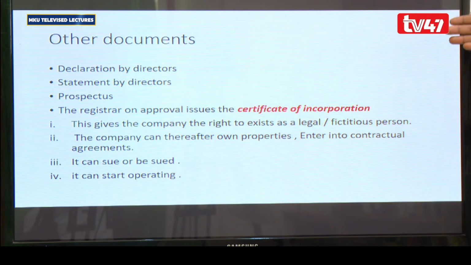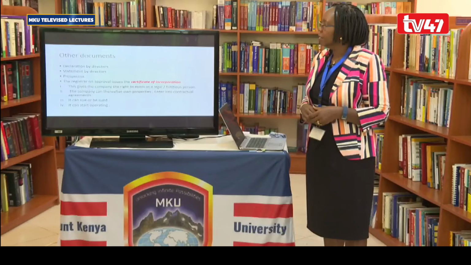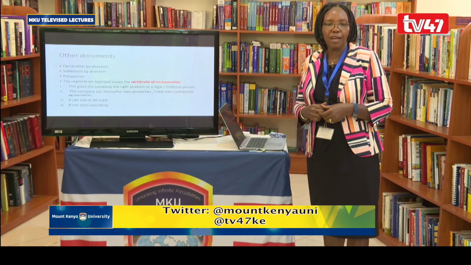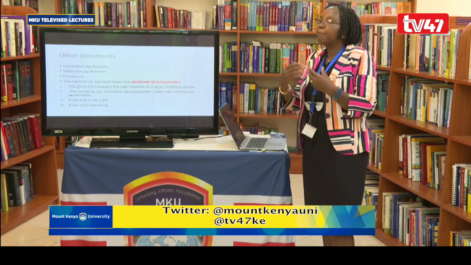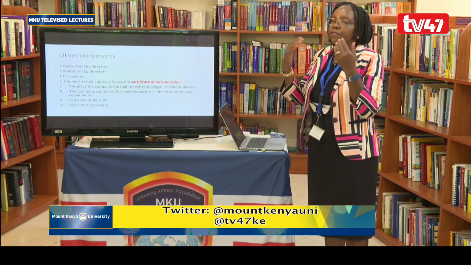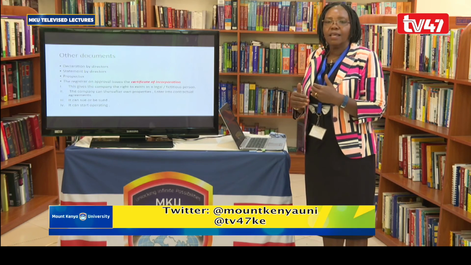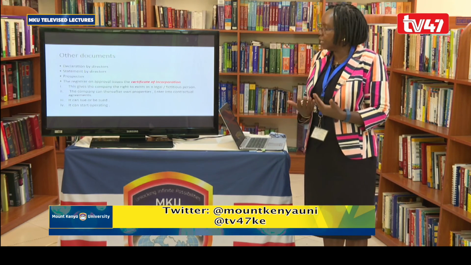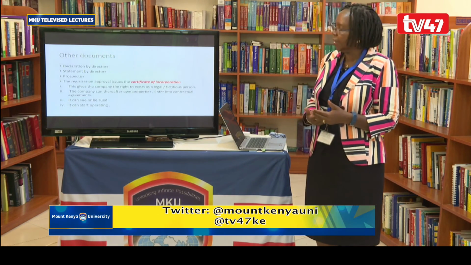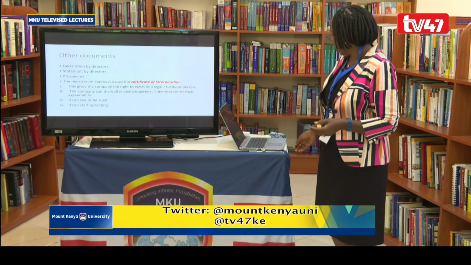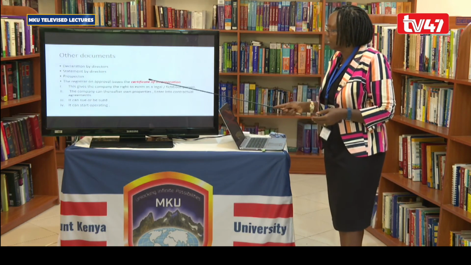Having put together all those documents, they must file those documents with the registrar of companies, who may approve or disapprove. If they are disapproved, of course, the company does not start. But in the event that the documents are approved and it is a prudent company according to the registrar, he issues what we call a certificate of incorporation.